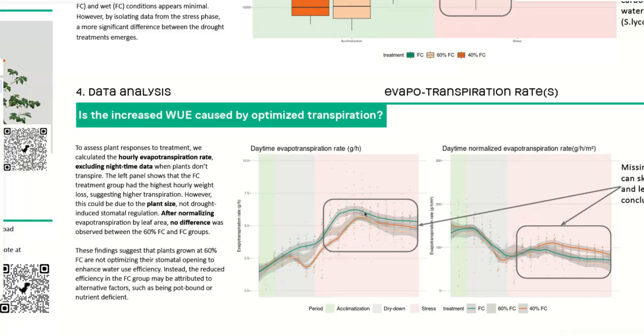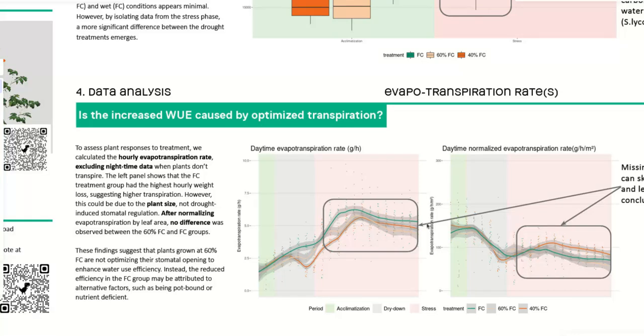However, we also know tomato plants are classified as anisohydric, meaning they do not have tight stomatal control relative to the water potential in the soil, hence the drought stress. There is an alternative hypothesis at hand. Due to the water availability, the plants in the full field capacity treatment group could be larger.